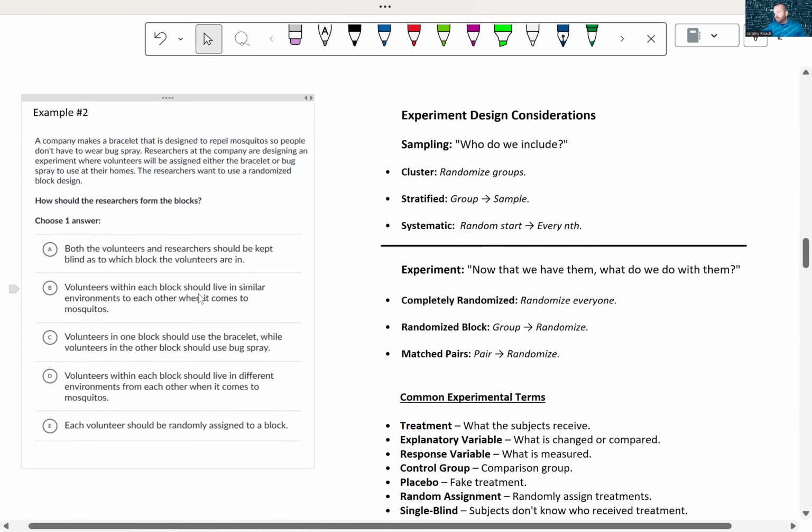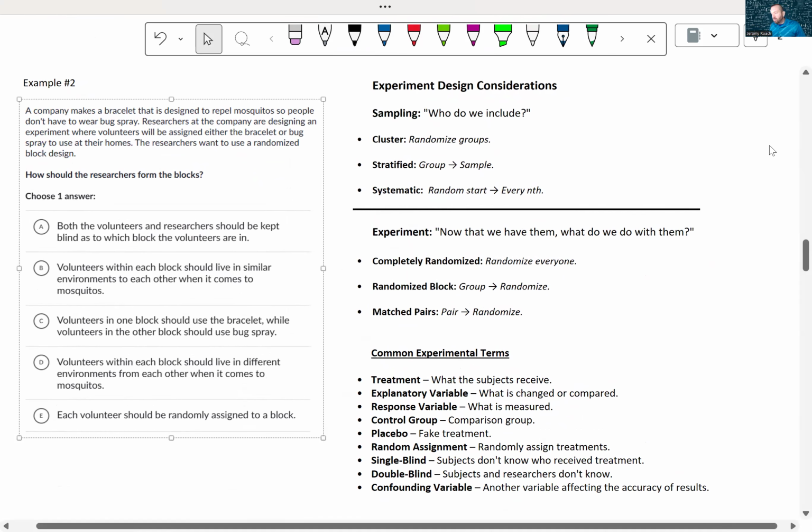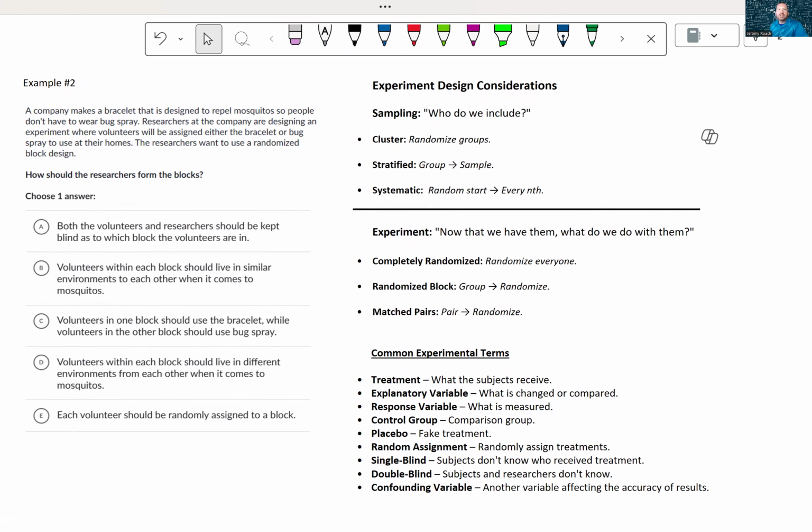We have all of our definitions here for this next one too. So again, a company makes a bracelet. This time this bracelet is designed to repel mosquitoes so that people don't have to wear bug spray. The researchers at the company are designing an experiment where volunteers will be assigned either the bracelet or the bug spray to use in their homes.